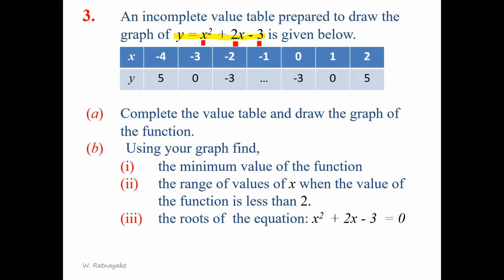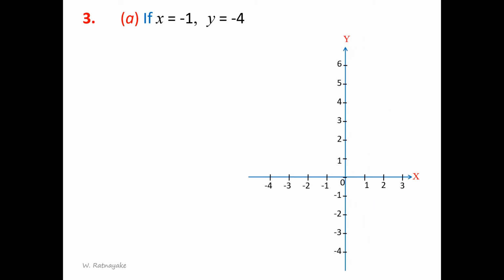Now, we have to draw the graph. Before you draw the graph, we have to prepare the pair of axes, x-axis and y-axis. Here, we have to take more space on the left hand side of the x-axis because more values are there, and the upper part of the y-axis also will be a little bit greater than the lower part.